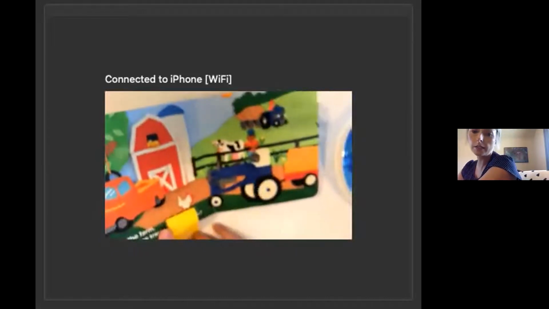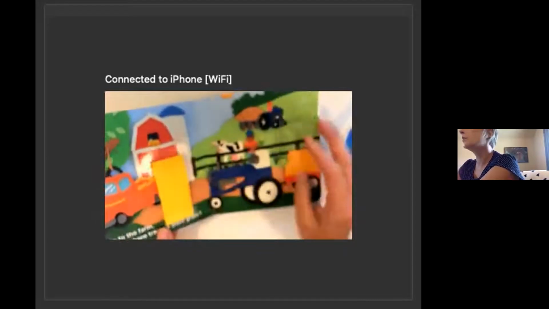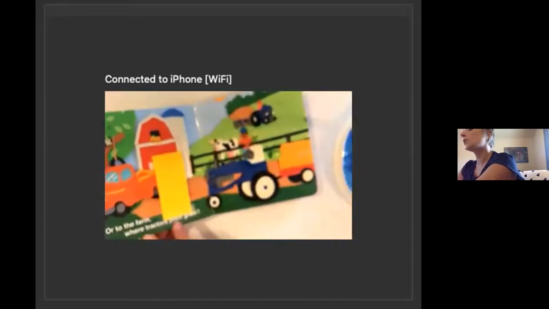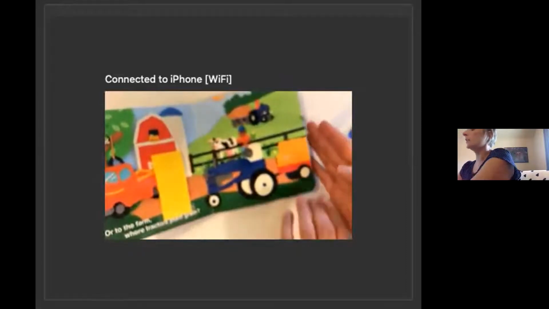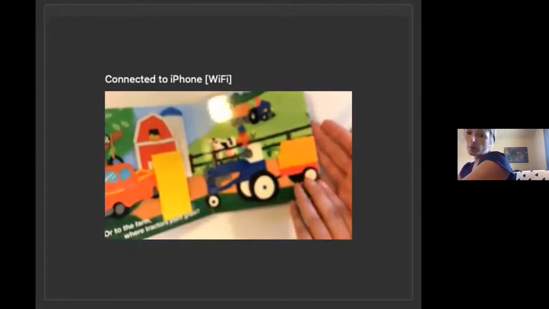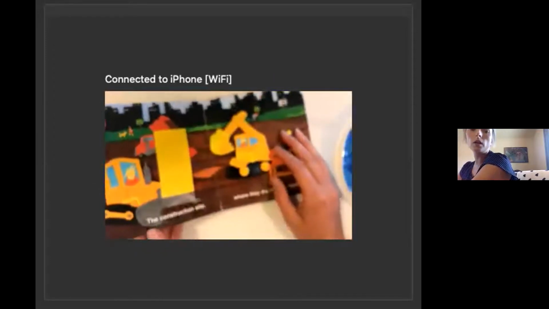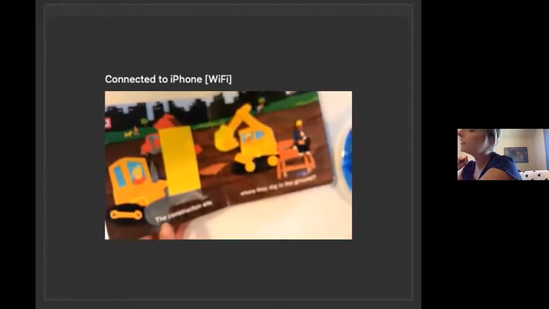And you can play, where's the animal, where's the chicken. You can go along with the book. Tractors plant grain. You could cover up the grain, and have them find the grain. You can do multiple things with a hide and seek book. And what I love about these, if they tear them off, you can replace them, because we know that the kids are going to rip those flaps off.